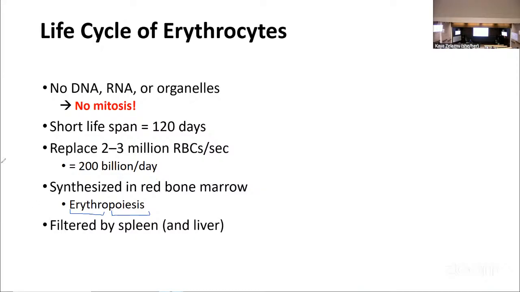Okay. So they're coming from the bone marrow. That's where they're born. And then they're going to go die in the spleen and in the liver. So we're going to be filtering them out in your abdomen. Your spleen is going to be about here. So on your left-hand side, kind of right below your rib cage, liver on the right, also see some recycling of our red blood cell components in those locations.